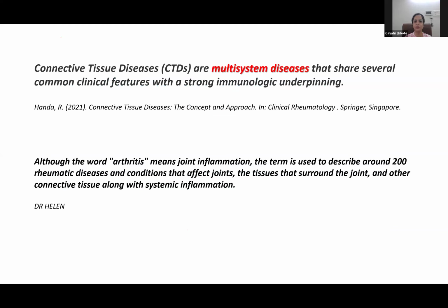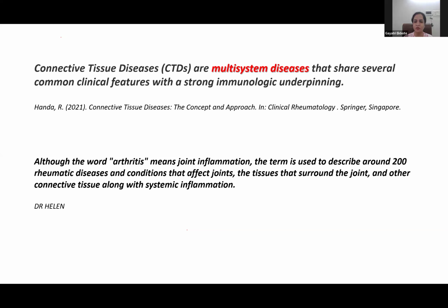So you can all see that rheumatology is not just about arthritis. Rheumatoid arthritis is also one of the connective tissue diseases. CTDs are multisystem diseases that share several common clinical features with strong immunologic underpinning. And this definition is by our very own Dr. Handa sir.